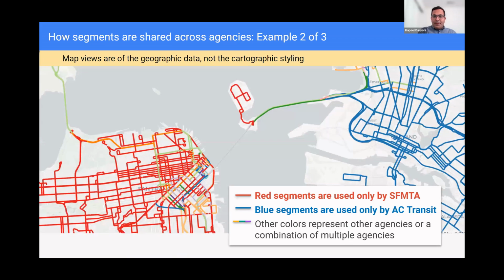And this is another example that we're showing. Red is again for SFMTA, blue is AC Transit. AC Transit is Alameda County Transit that serves the east side of the San Francisco Bay Area. And then multiple colors are there to represent other transit operators that operate in this area.